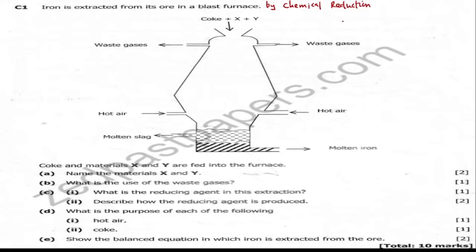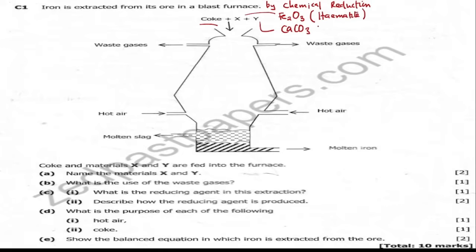Okay, so now what happens is that there are raw materials such as coke, the iron ore, which is iron 3 oxide, and also calcium carbonate, that have been fed in the blast furnace. So this iron ore is known as hematite.